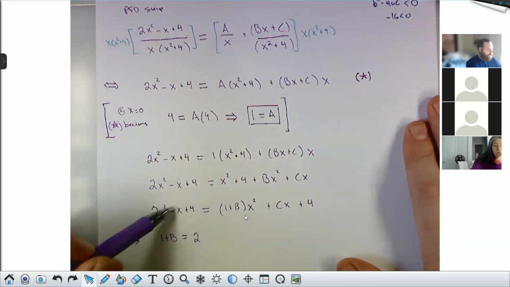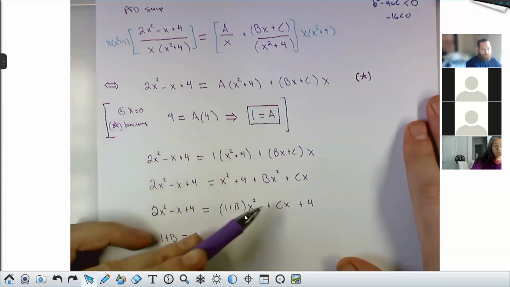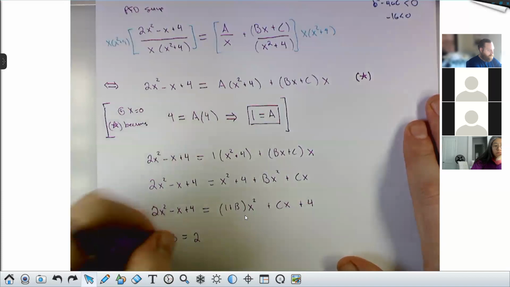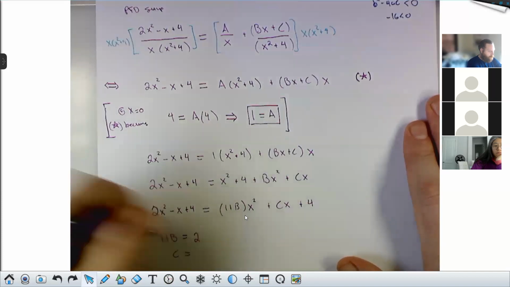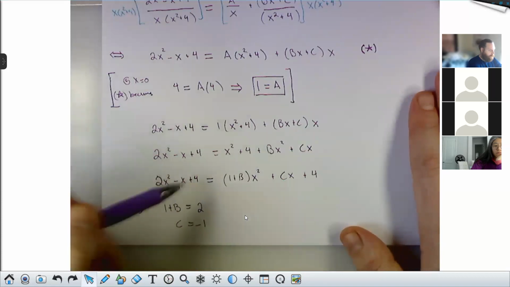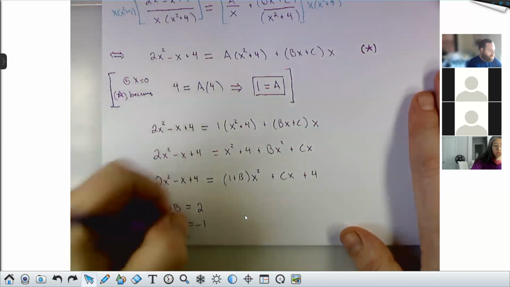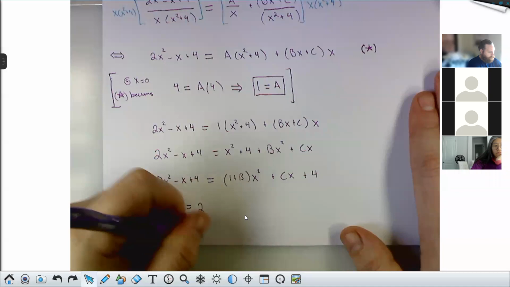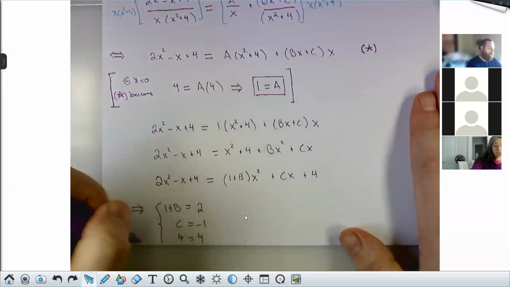The number attached to x on the left is -1. The number attached to x on the right is c. So c must be equal to -1. And it's silly to say, but the constant on the left is 4. The constant on the right is 4. So 4 equals 4. We'll do it. Why not?